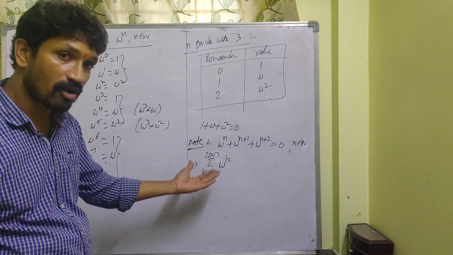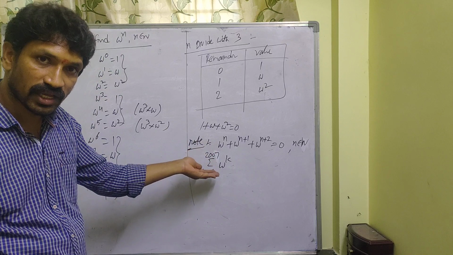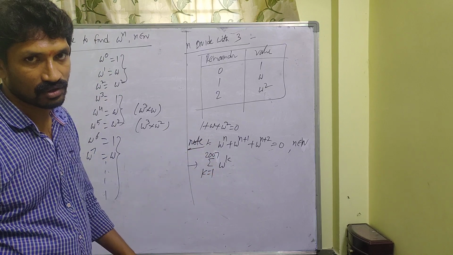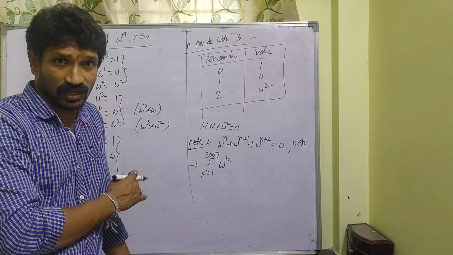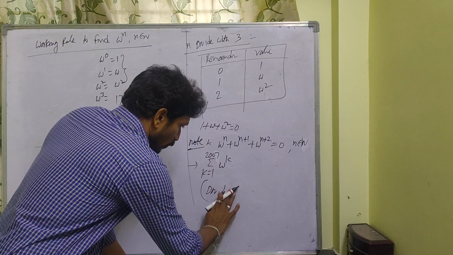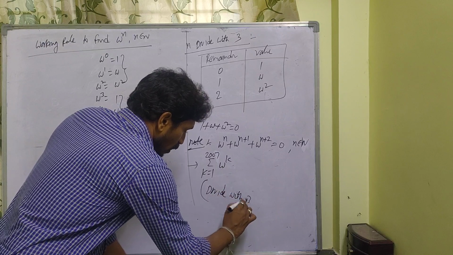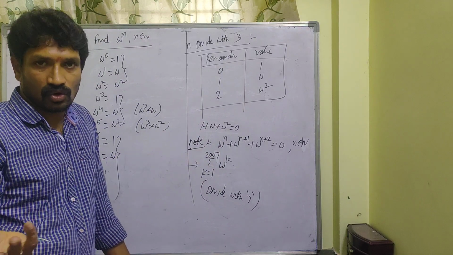The sum of any three consecutive terms is equal to 0. So how many terms are there in total? 2007 are there. So 2007, you divide by 3. So what you have to do? Divide by 3. If the remainder is 0, you get no leftover terms.